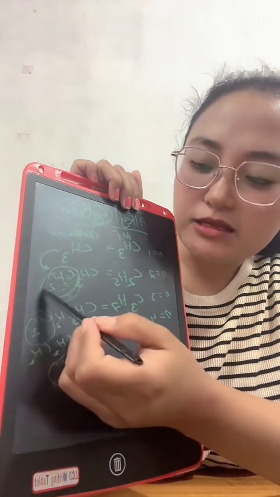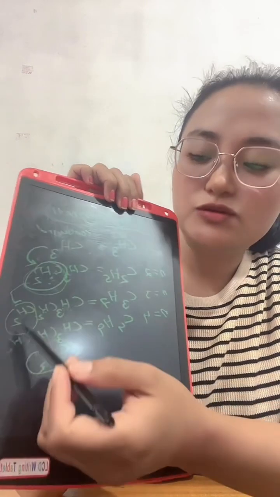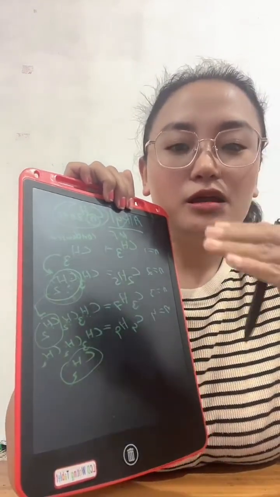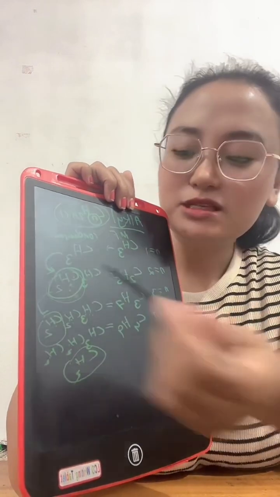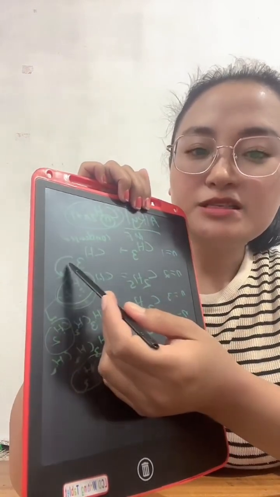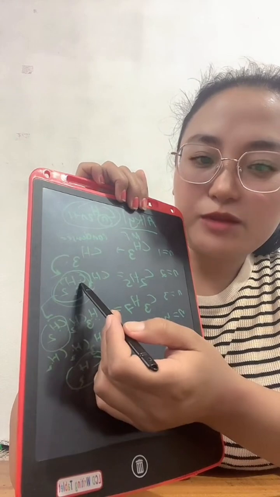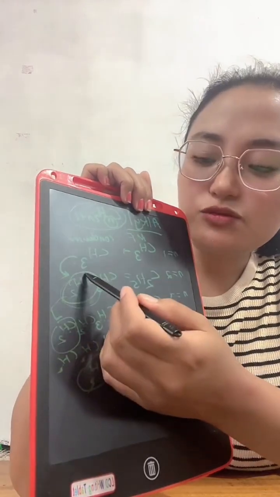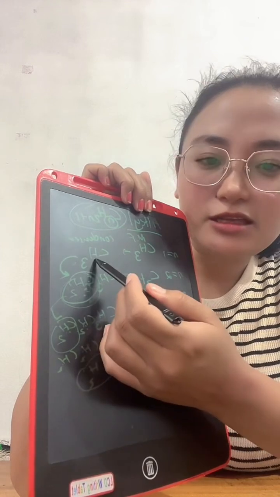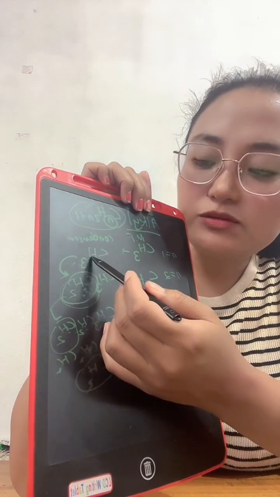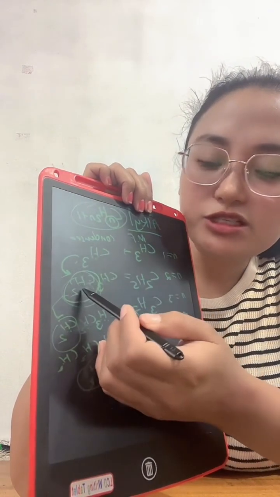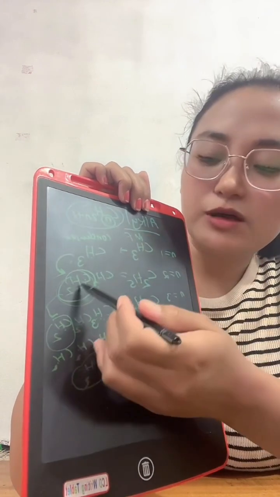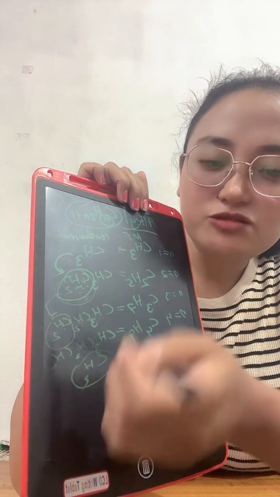See, the difference is one CH2. If I add CH2 to this, you get the next member of these organic compounds, CH3 CH2 CH2.